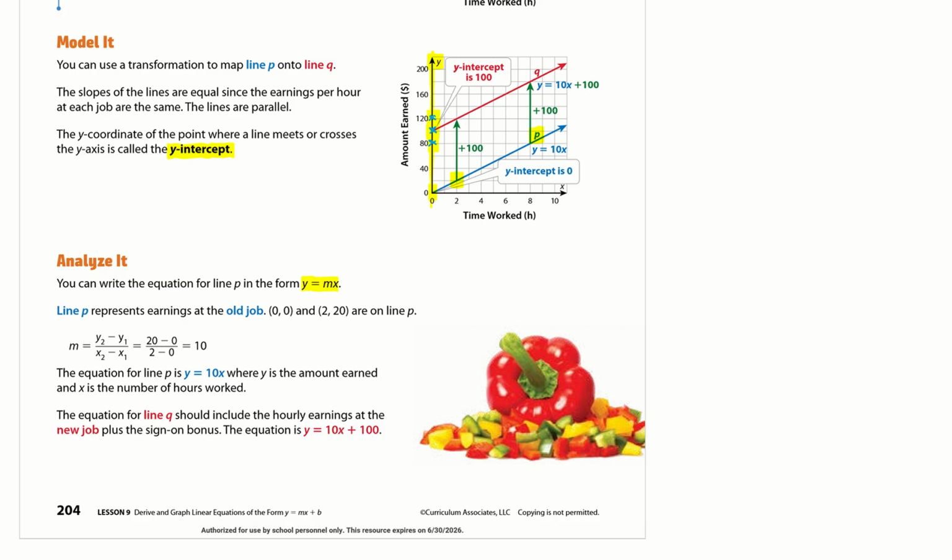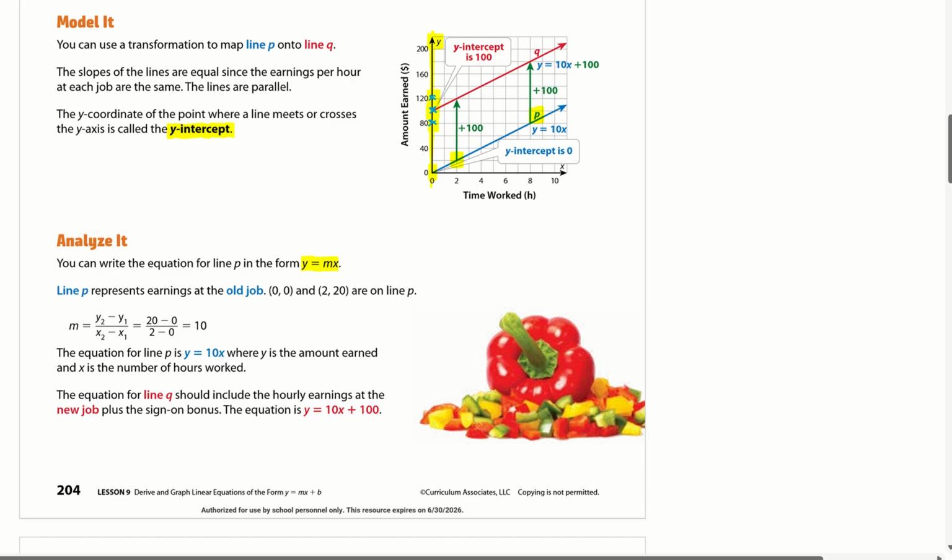Okay, here's the next big part. The equation for line Q should include the hourly earnings at the new job plus the sign-on bonus. When we talk about that number, you're going to notice this is always something that is only added on once, right?